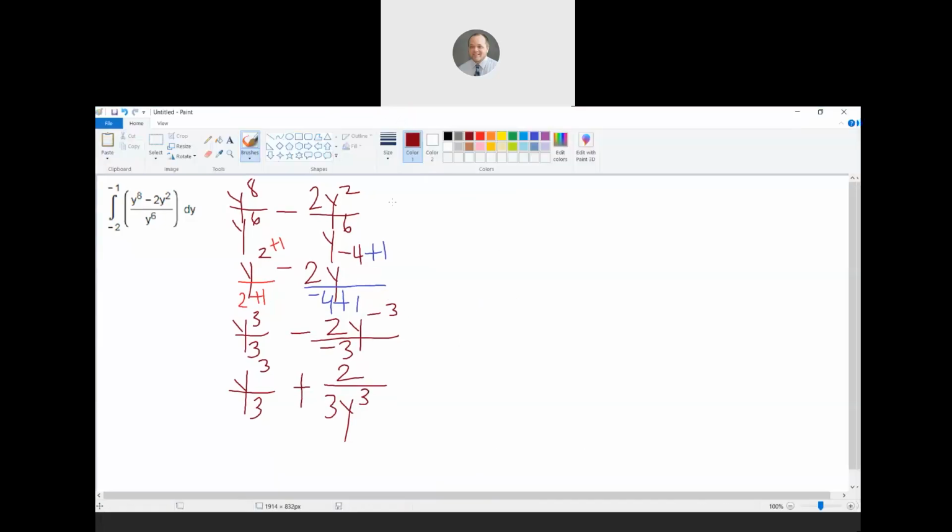Now we are ready to plug in our limits of integration. And you always plug in your upper limit of integration first. So we'll plug in -1 first everywhere we see a y.